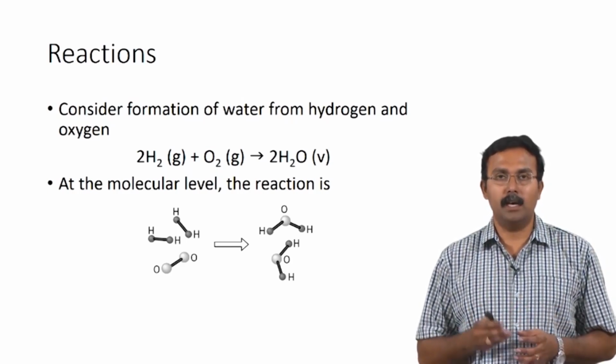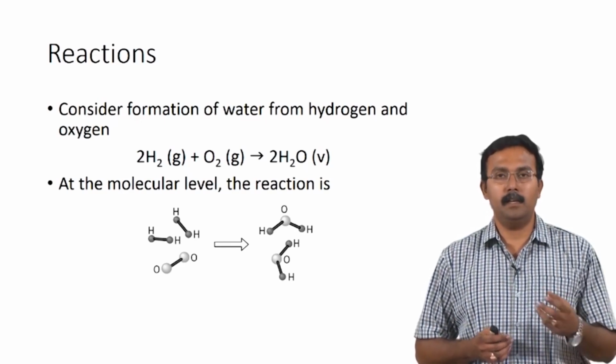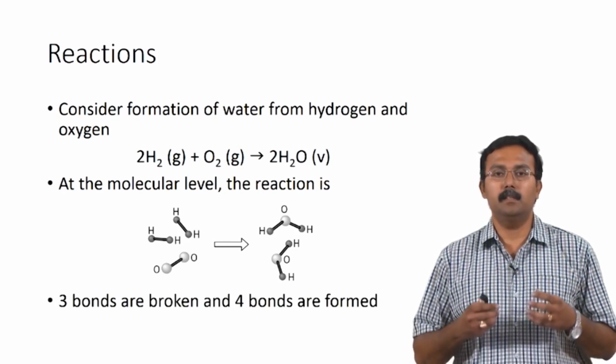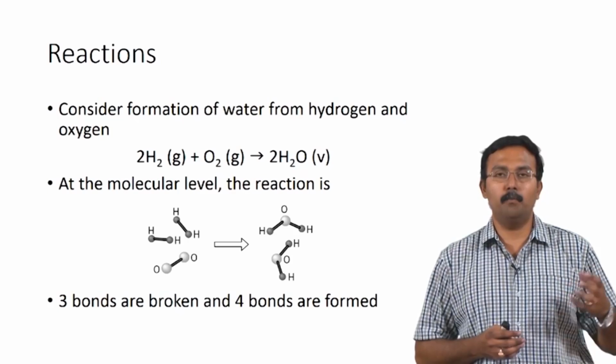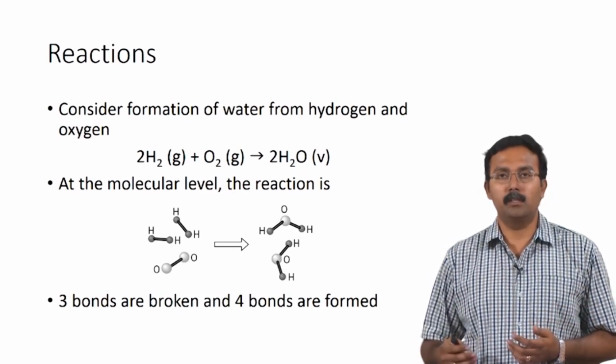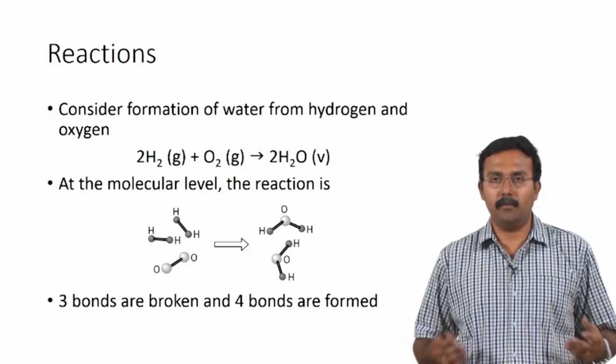These bonds are broken and you have new bonds formed between the hydrogen and the oxygen atoms to form H2O. So, this means 3 bonds in the reactants are broken and 4 bonds in the product are formed. So, this is the process of reaction.